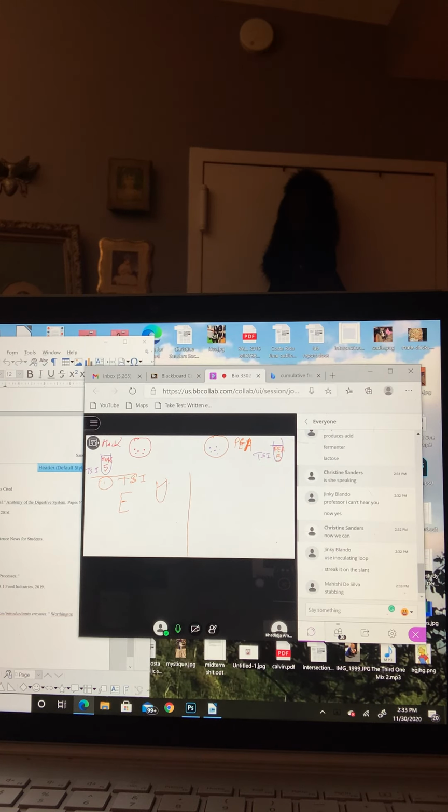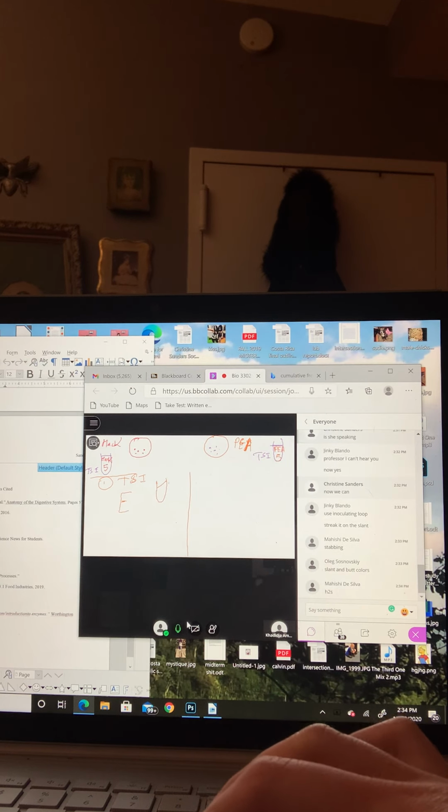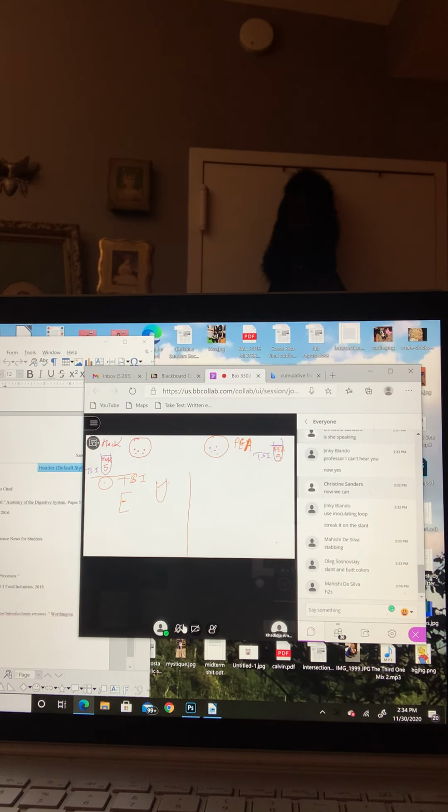And the part of color. Good. You see your slant and the butt, and the H2S.